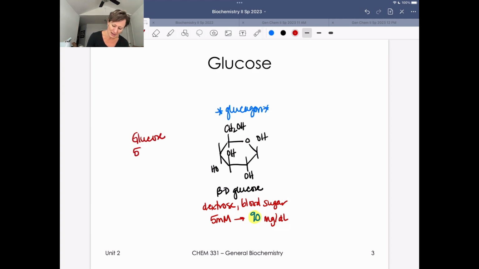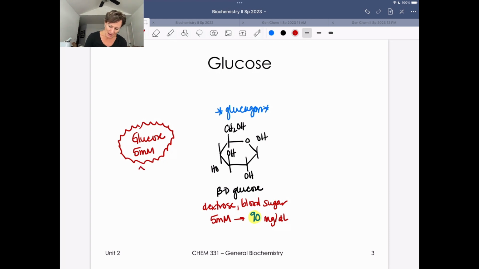So again, maintaining that 5 millimolar glucose is critical. There are different ways that we can remedy this. We're going to refer to them as top-down, meaning we're breaking down polymers of glucose to generate glucose, or bottom-up, we're taking non-carbohydrate molecules and making them into glucose.